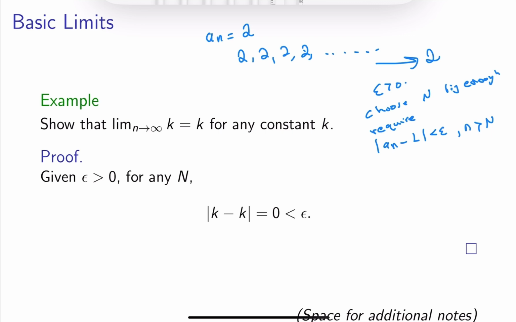So for this case, for example, a_n is equal to k, right? What is k? It's just a constant. In our case, it can be 2, right? It was 2 in our case. So it's just a number. a_n is a fixed number. And you choose an epsilon positive.